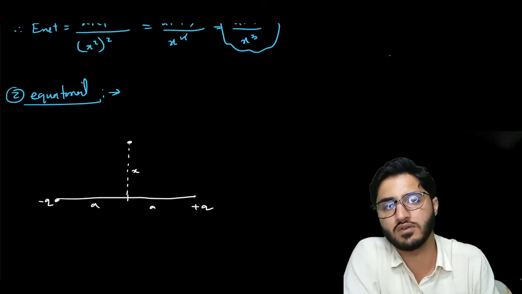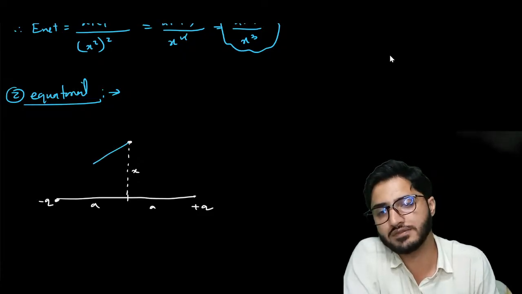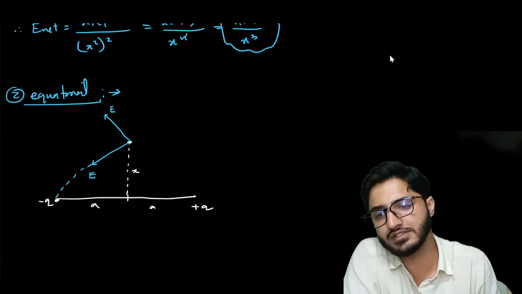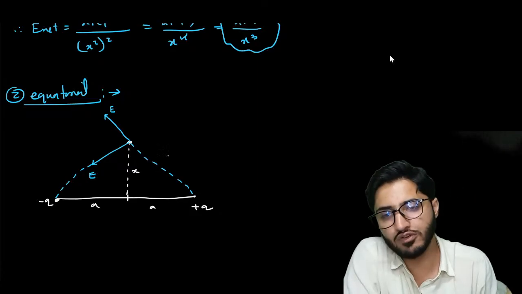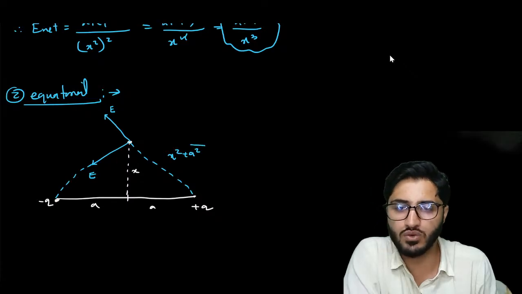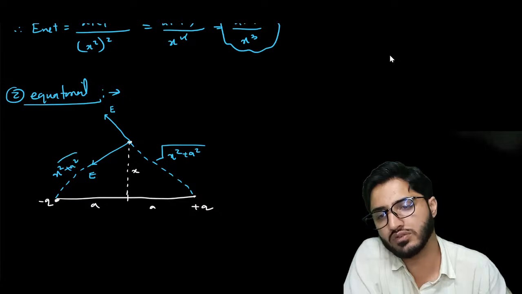Now look, this Q will attract, so the electric field is in this direction. This Q will repel, so the electric field is in this direction. Okay, I will just add these. This side would be the square root of X square plus A square, and this would also be the square root of X square plus A square.